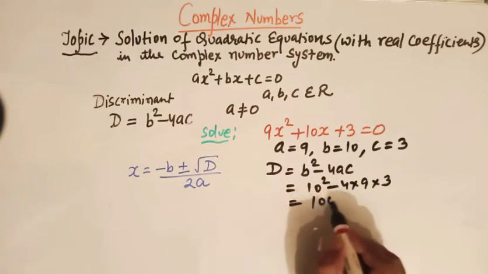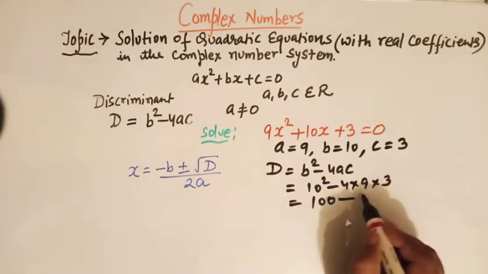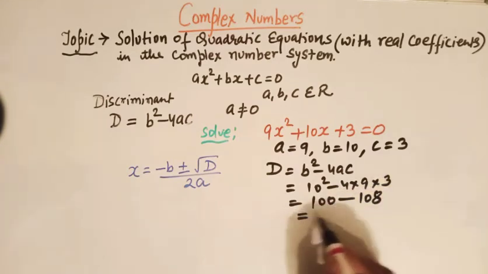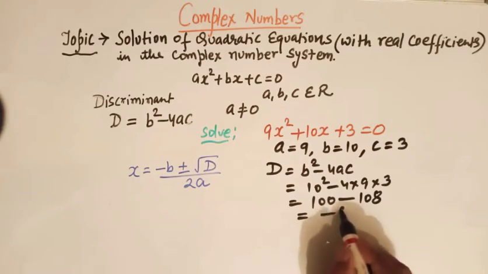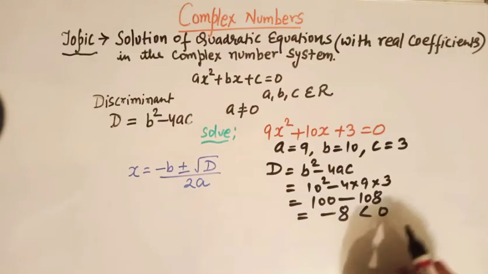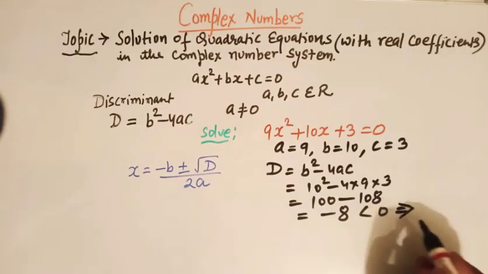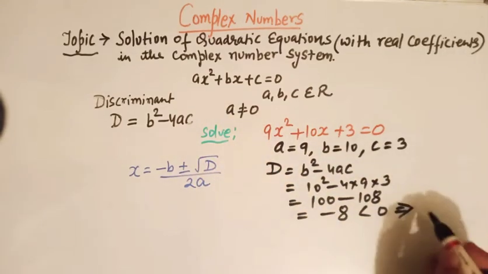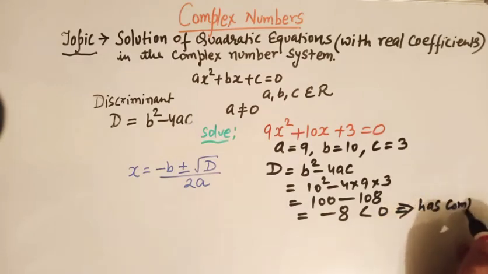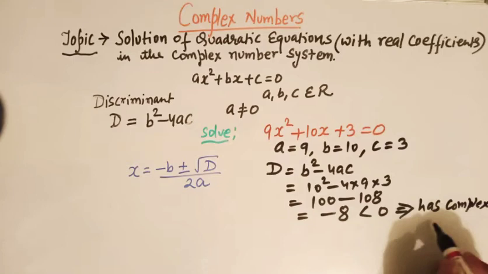So this is 100, and this is 9 3s are 27, 4 27s are 108, right? So this is minus 8, and this is less than 0. So the discriminant is less than 0, so we declare that this quadratic equation has complex roots, right? Complex roots.